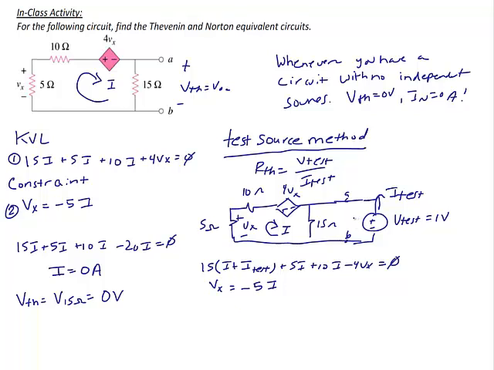Now for this right mesh, I have a counterclockwise current I test, so I'm going to have 15 times (I plus I test) is equal to 1. So now I can solve for my unknown values, and I'll have I is equal to 0.2 amps.